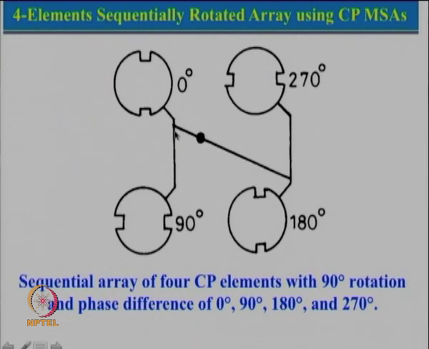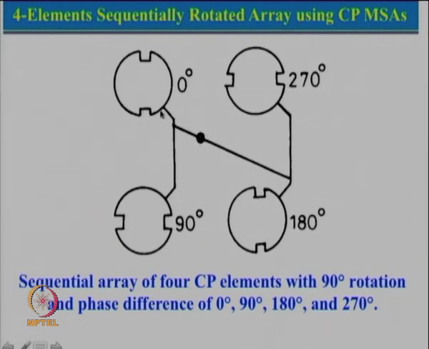So, this impedance and this impedance will come in parallel. So, that impedance will get reduced, and again this impedance and this impedance will get in parallel, that will get reduced. So, then from here and from here, the two impedances are getting in parallel. So, we can actually realize the 50 ohm matching over here. Okay. So, by careful design, one can get a good impedance matching here also.